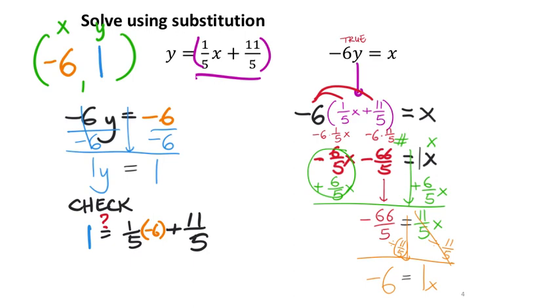If it's true, then we're good. So like I said, I'm just going to put this stuff on the right. That's 1/5 times negative 6 plus 11/5. And when I put that in the calculator, I get 1. Well, 1 does equal 1. That's true. If it equaled anything other than 1, then it would have been false. But it is true, which means we have, in fact, found the solution.